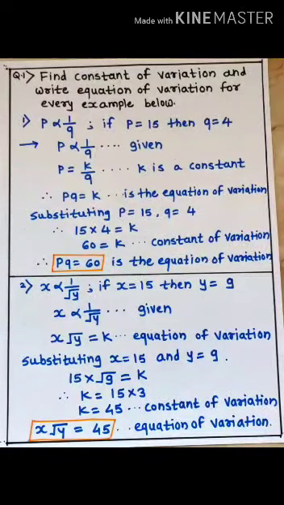Therefore, 15 into square root of 9 is equal to k. You know that square root of 9 is 3. Therefore, k is equal to 15 multiplied by 3, that is k is equal to 45. K is equal to 45 is the constant of variation. x into square root of y is equal to 45 is the equation of variation.